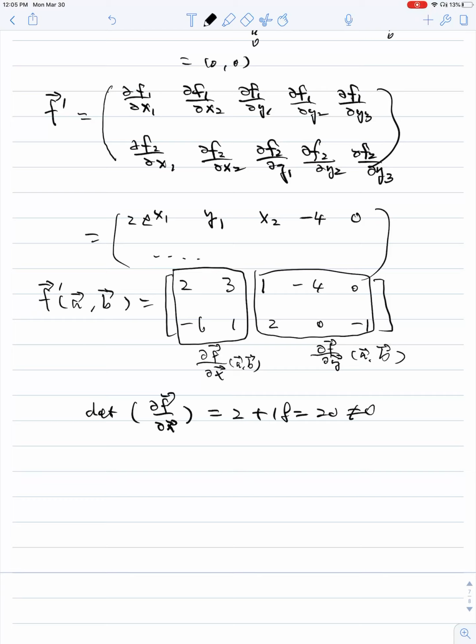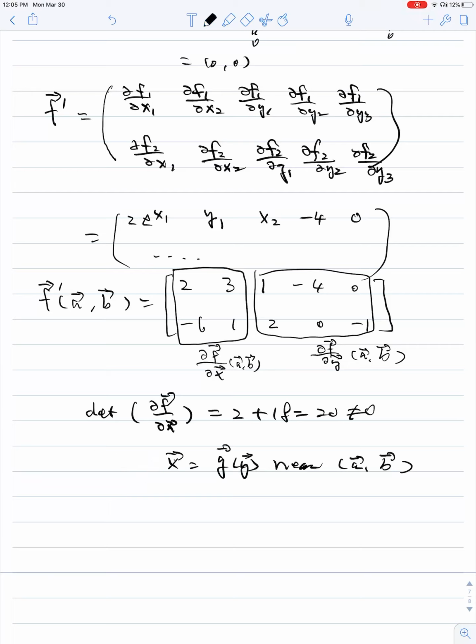So that means that we can solve x equals g(y) for y near the point A, B. Let me rephrase what I said.